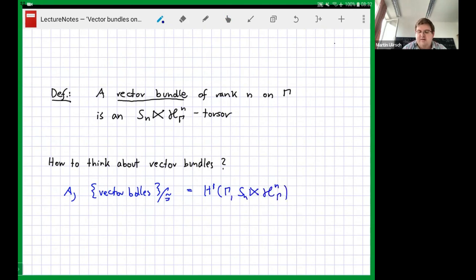This is the same argument that you do with non-abelian first Čech cohomology, which shows that H1 of X of GLN classifies vector bundles, and here it just works the same way.